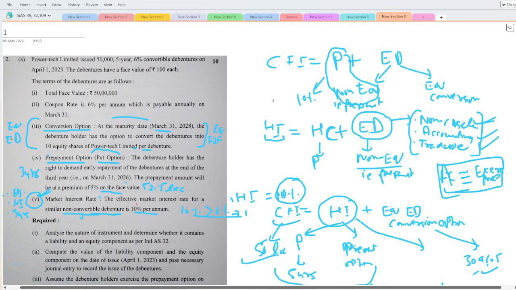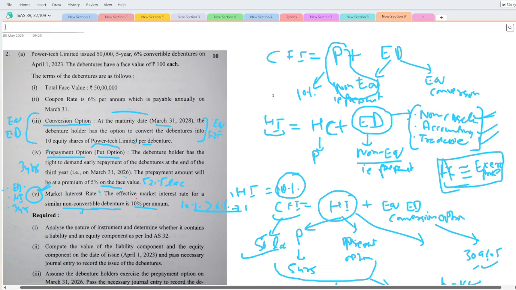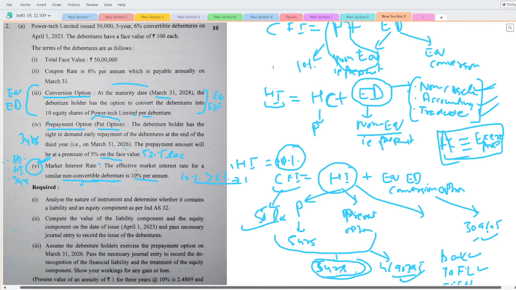If the institute tweaks it and, instead of this non-convertible debenture, mentions a plain vanilla debt debenture with interest of 10%, then you need to find out whether the embedded derivative is to be split or not. Here the institute has simplified that there is no need to split the embedded derivative because it's closely related. All those things you need to understand. I think this is the main thing I needed to explain.